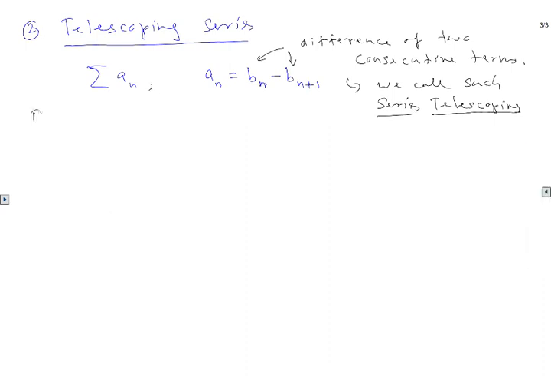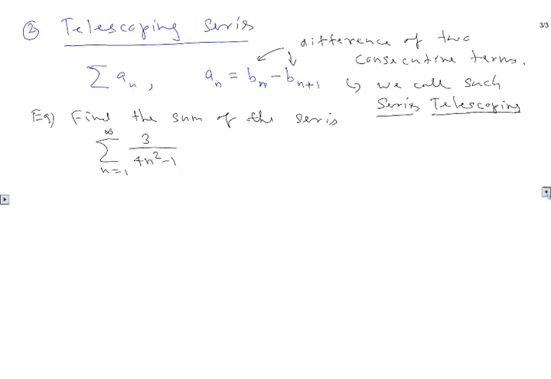Let's say this example: find the sum of the series. Let's look at this one. This is sigma n going from 1 to infinity, 3 over 4n squared minus 1. So that's the series.